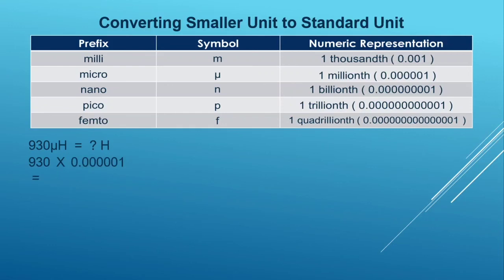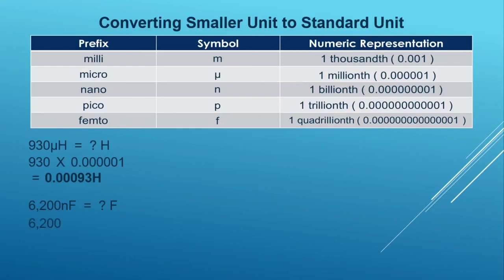And then if you multiply 930 by that, we will have an answer of 0.00093 henry.